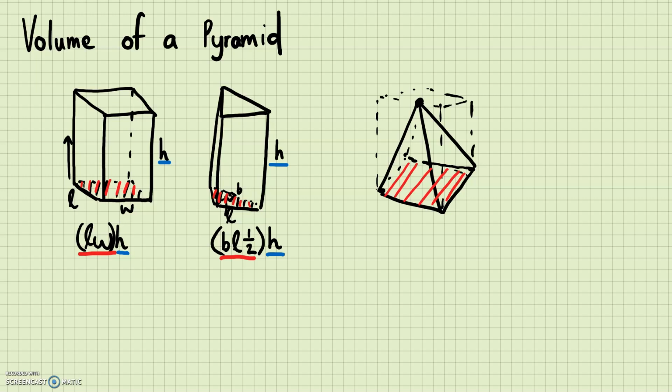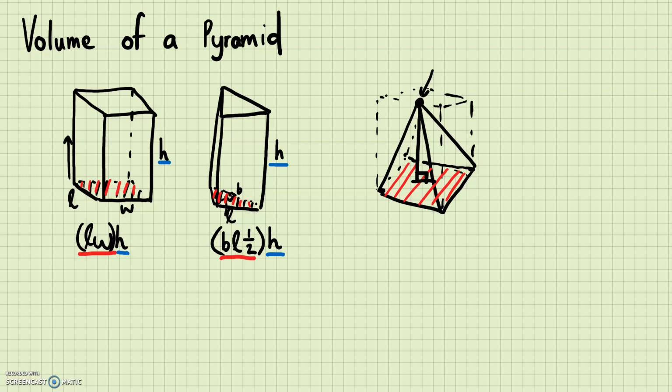and I need to note the height here, the height of a pyramid is the perpendicular line from this point right here, from the vertex down to the base. Okay, it's the perpendicular line that goes from this point to the base. It is not the slant height.